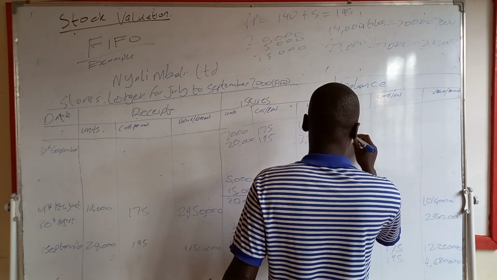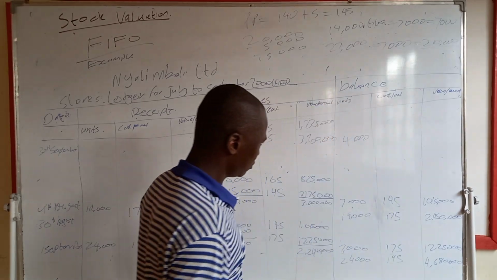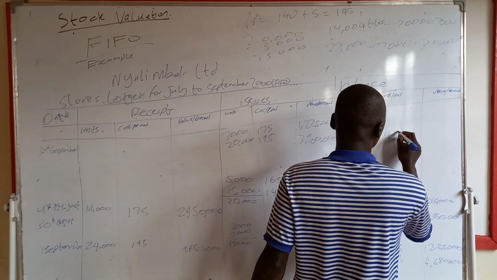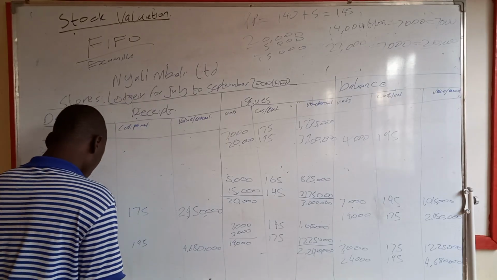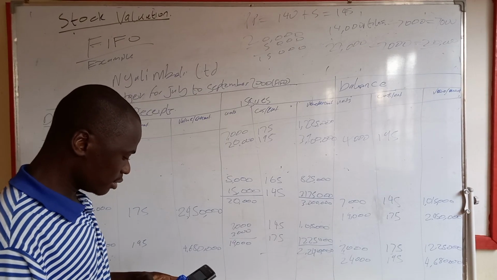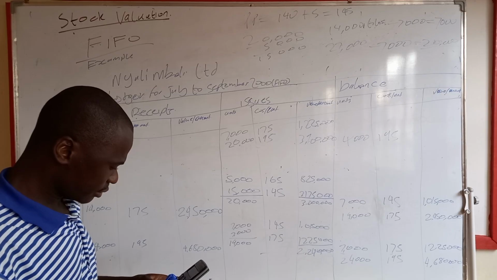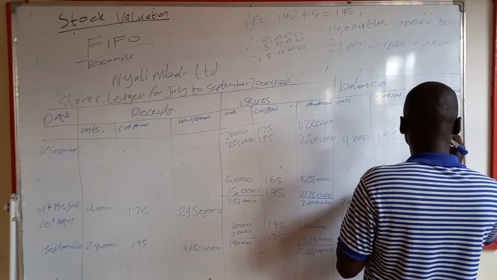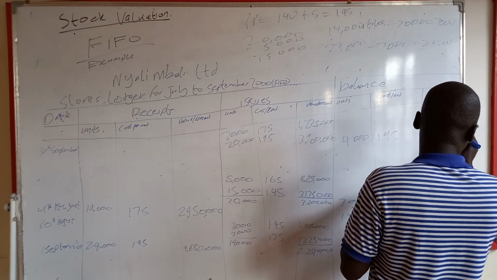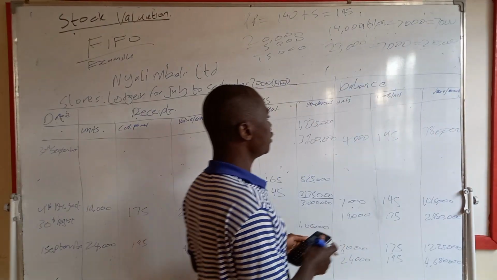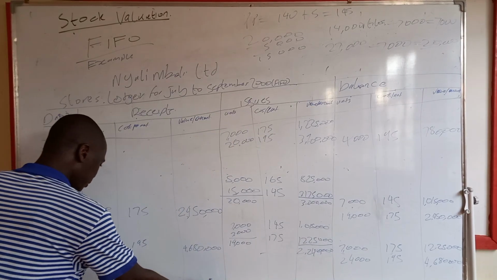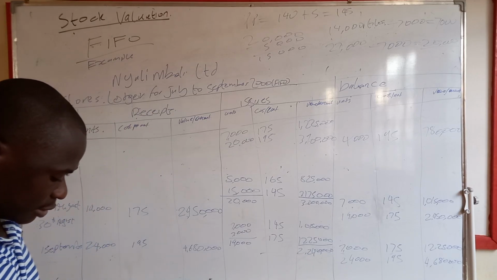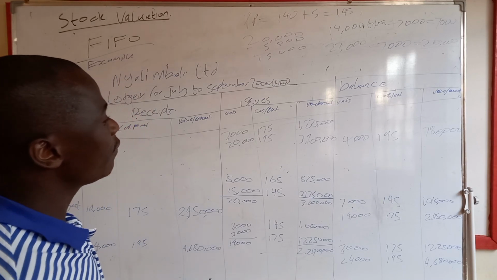So what we remain here with is 4,000, at what price? 195. So 4,000 times 195 is 780,000.